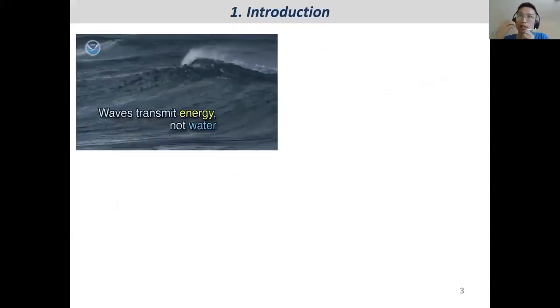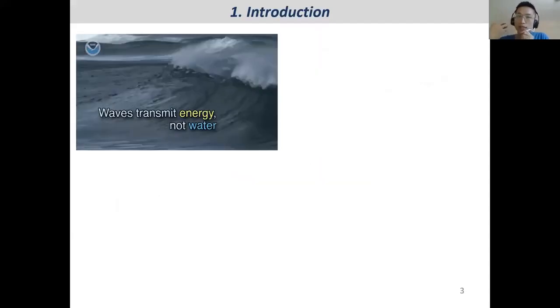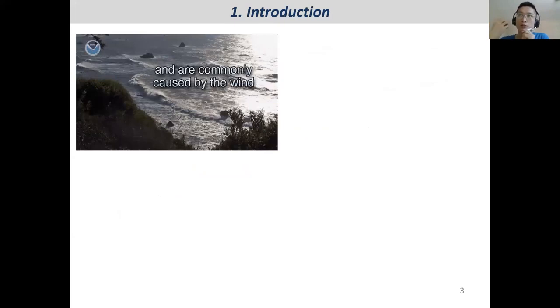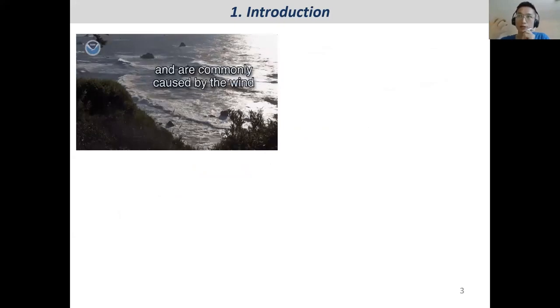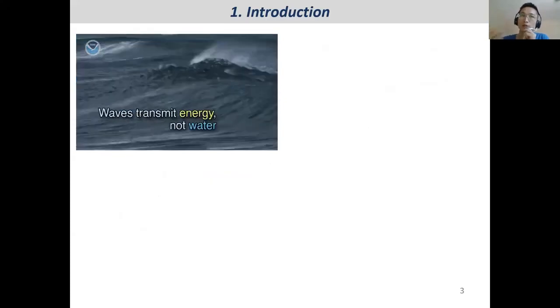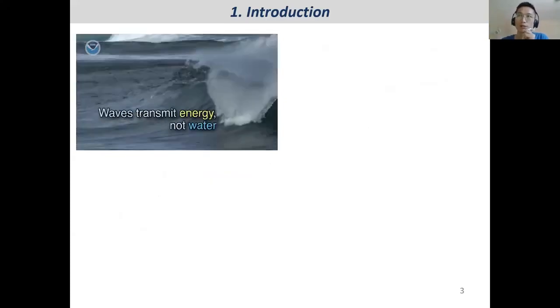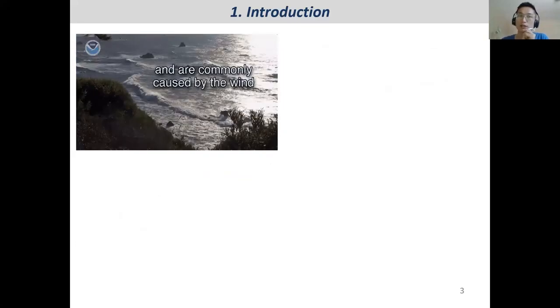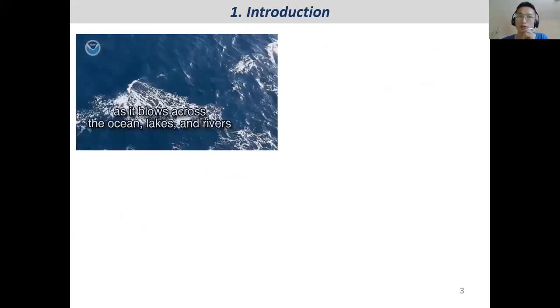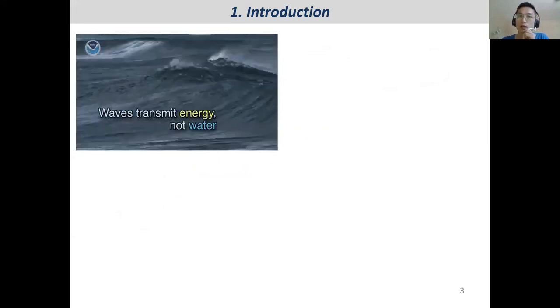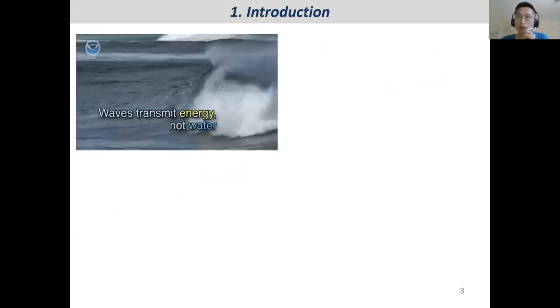So estimation of wind stress is needed for the numerical modeling of ocean and atmospheric dynamics. This animation from NOAA shows the evolution of ocean surface gravity waves, which are caused by wind, and wind stress acting on the ocean surface is important for the wave evolution, not only in deep water, but also in shallow waters.